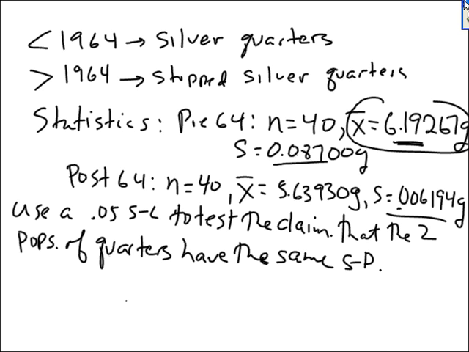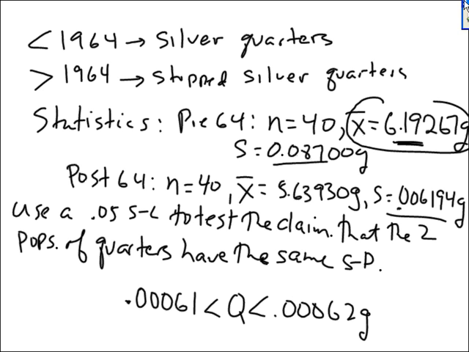In other words, if you can guarantee that the weights of quarters are within 100,000ths of a gram, then it's going to be really hard for you to find a slug to put into one of these machines because there's very little variation in the weights.